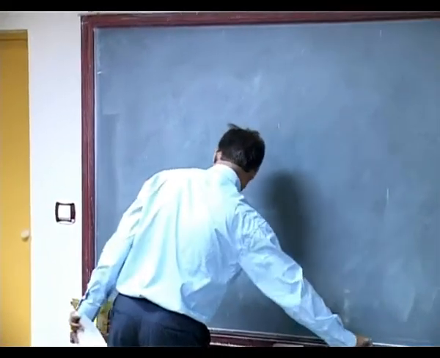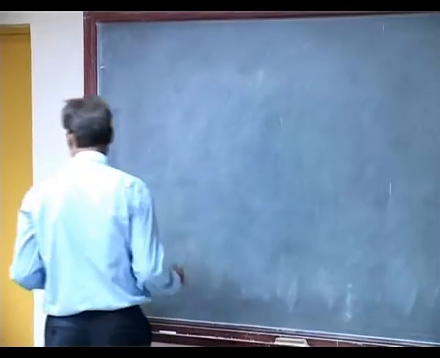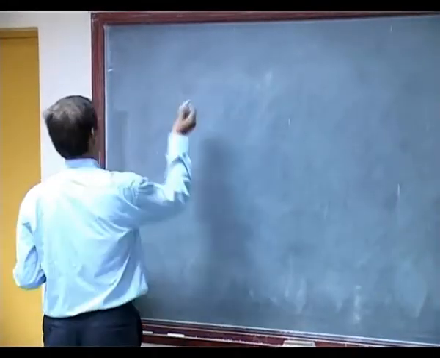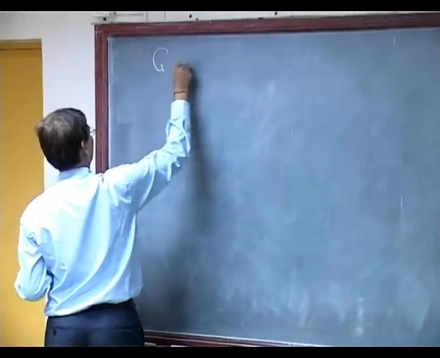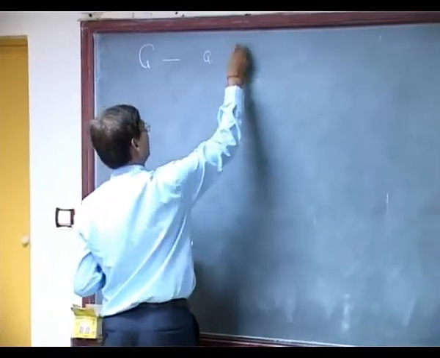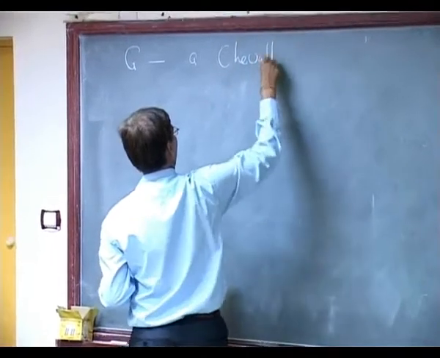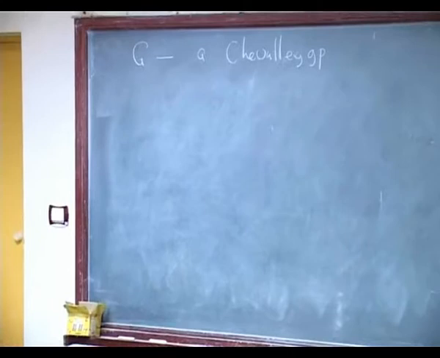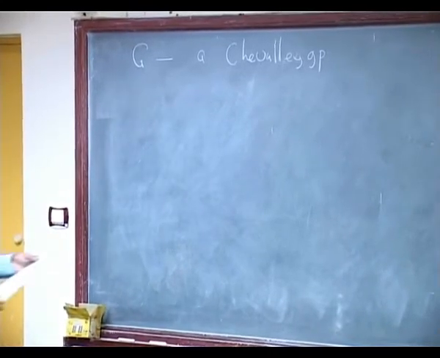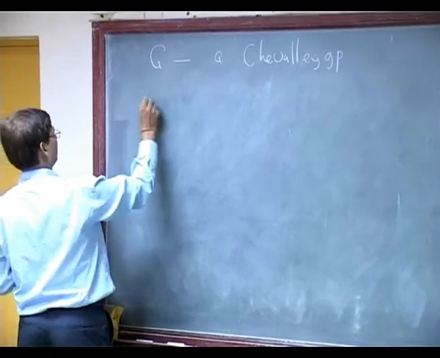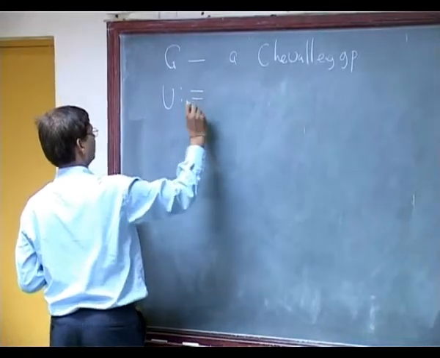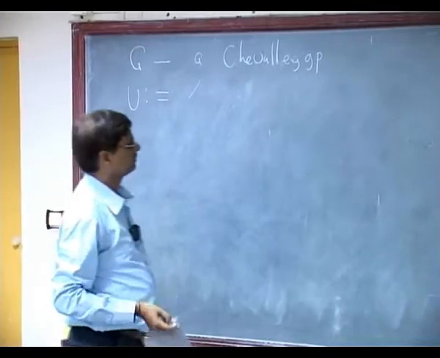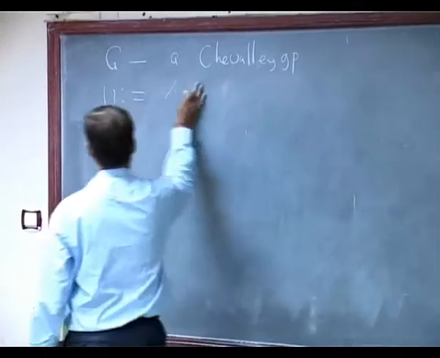Okay, let us quickly do some basic things. Now G is a Chevalley group.